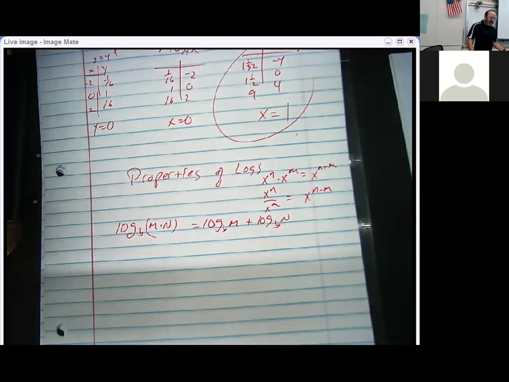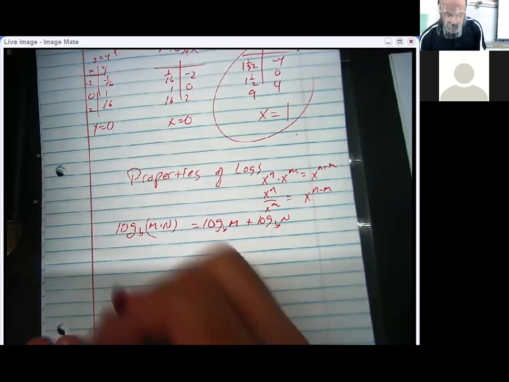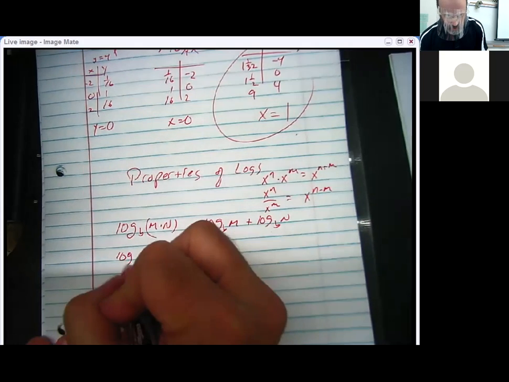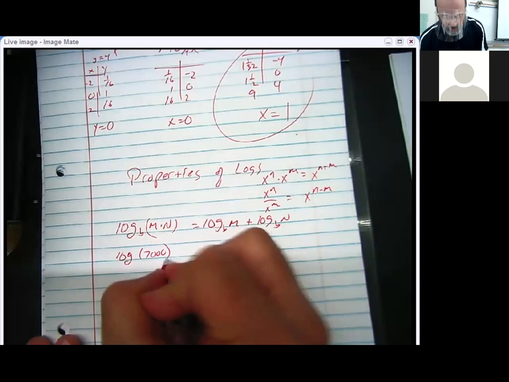So this is kind of important. The log base b of m times n is the log base b of m plus the log base b of n. Now, I made reference to something about log tables, right? So this is what Napier would have done if he was working on a problem like the log of 7,000.